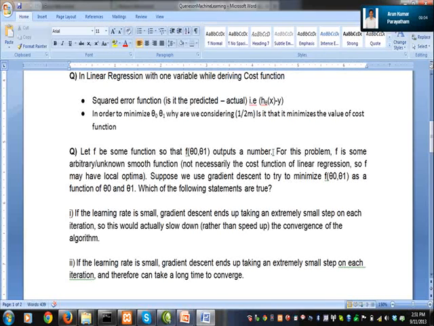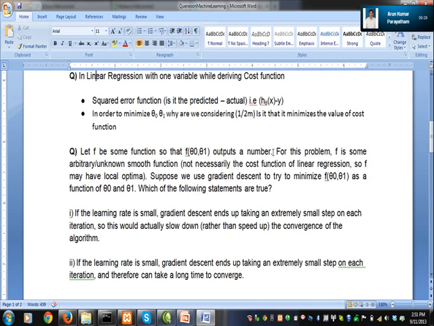Because in your expression you take h theta x minus y whole square, but when we are calculating using gradient descent or even normal equations, we need to differentiate h theta x minus y whole square with respect to theta. Then we will get 2 times h theta x minus y, and that 2 will cancel. For that purpose, he is taking 1 by 2.